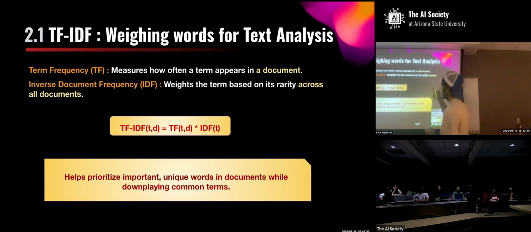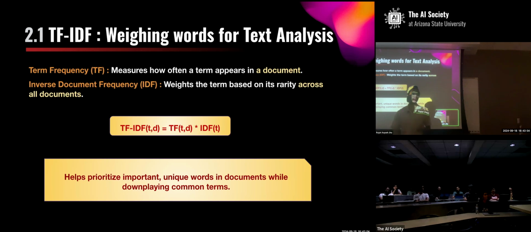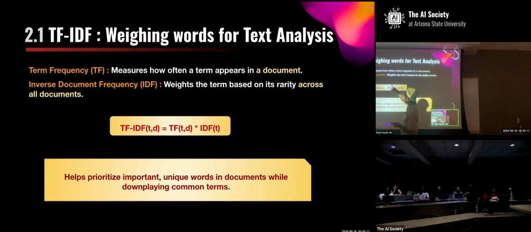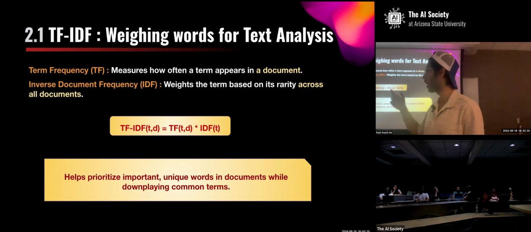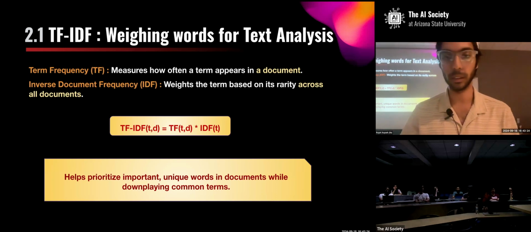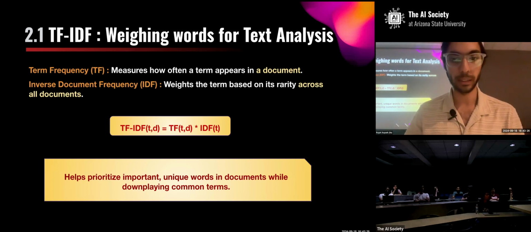To counter that, TF-IDF has a good advantage because of this inverse document frequency. What it measures is how rare a word is across all the documents. That's why inverse document frequency is only dependent on the term, not on the document. It looks at all the documents in the corpus and how rare the word is. We'll see the formula for that in some time.